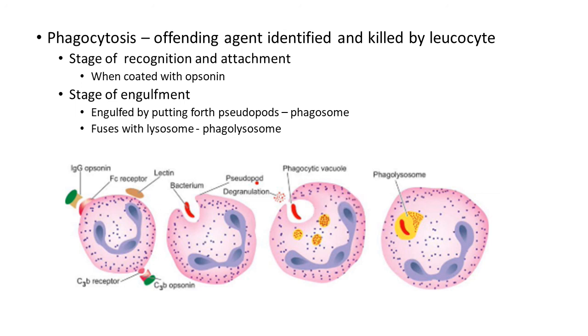This phagosome then fuses with one or more lysosomes in the cell to form a bigger vacuole called phagolysosome. And this starts the next stage, that is killing and degradation.